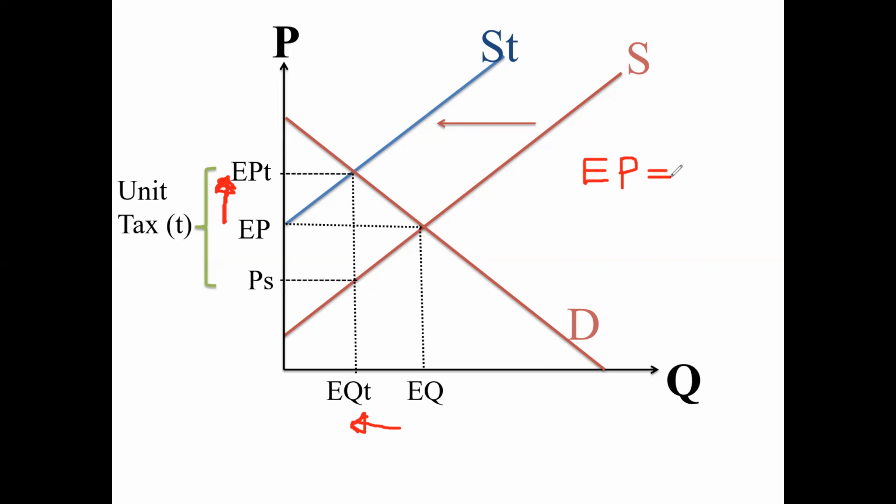EP equals equilibrium price before tax. EPT equals equilibrium price after tax.